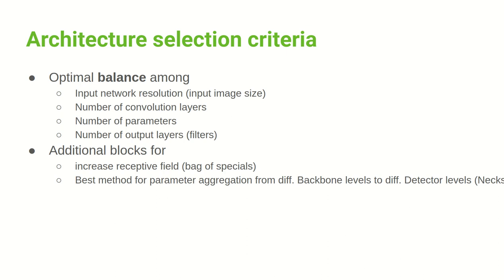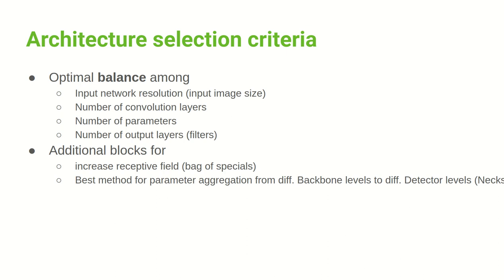And for the additional blocks, we need something to increase the receptive field, because we all know that as the receptive field size grows, we have more context information around the object and within the image as well. We also need to find the best method to aggregate information from the different levels of backbone features to the detector.